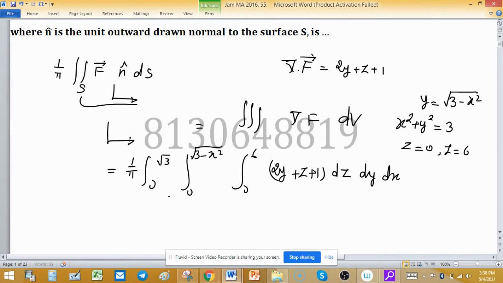Now we only have to find the solution of this calculation.